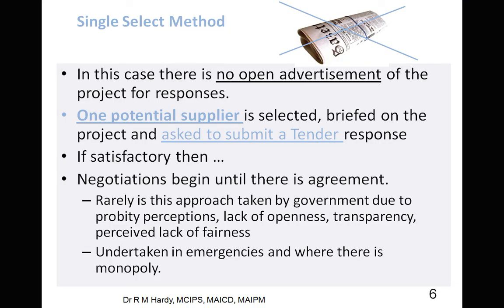It depends on the job. Certainly with the single select method, if it's a larger job, generally you would have a quantity surveyor on there, or some way of estimating and measuring the work, so that you have a decent estimate.